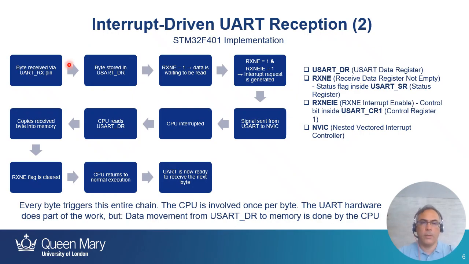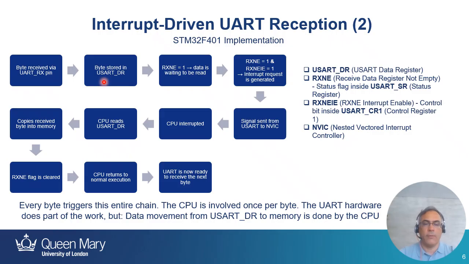So this is how STM32 handles interrupt-driven UART reception. Let's go to the flowchart. A byte is received via the UART RX pin, and then this byte is stored in the USART data register.